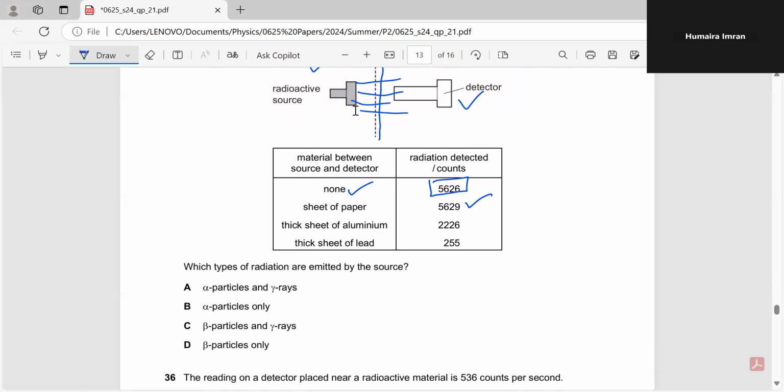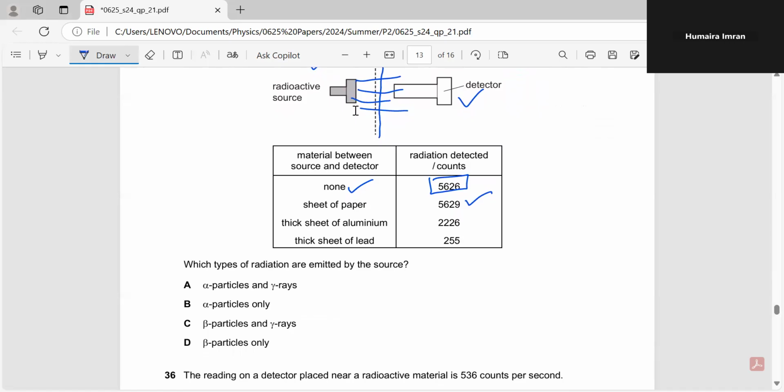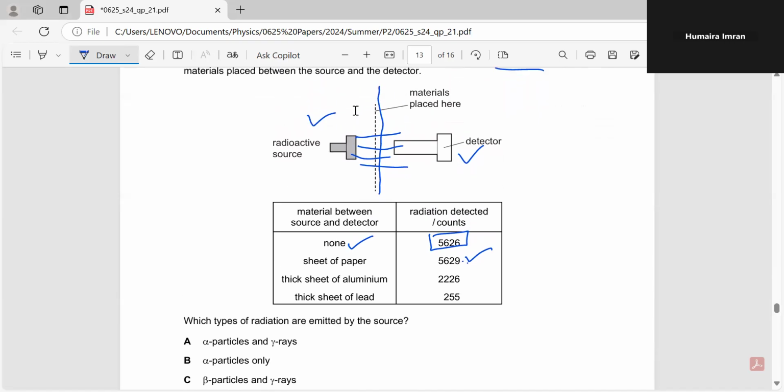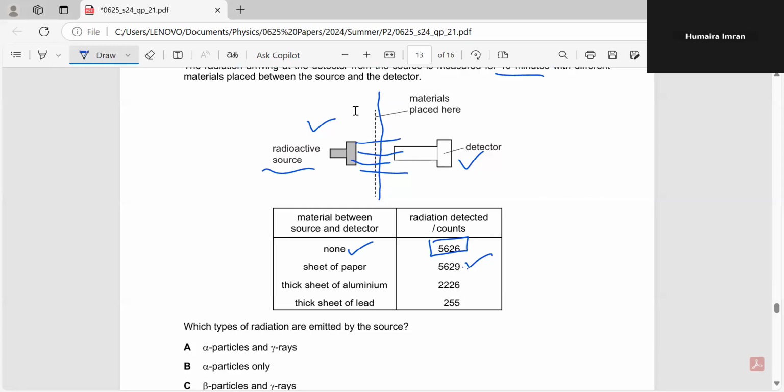Alpha particles are blocked by a sheet of paper, but we notice that the count has not dropped, it has increased. So it means the radioactive source does not consist of alpha particles.